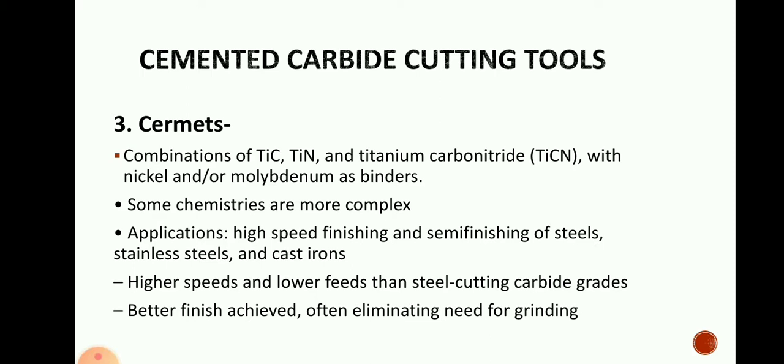For such applications you can use these cermets. And for high speeds and lower feed than steel cutting carbide grades, you can also use these cermets. For better finish to be achieved or often elimination of the grinding operation, you can use these cermets.